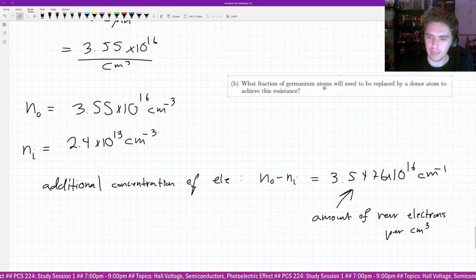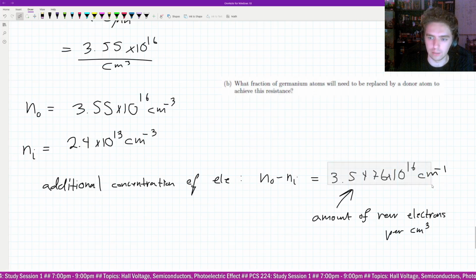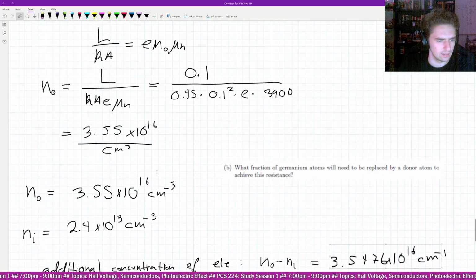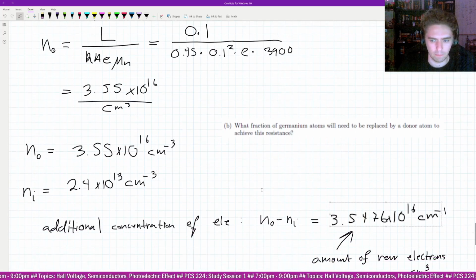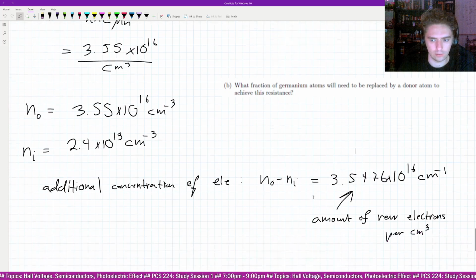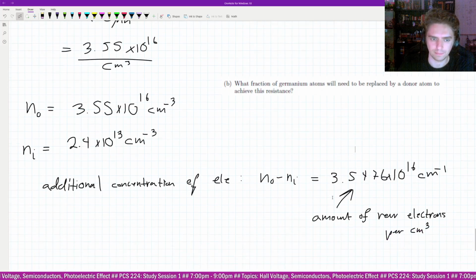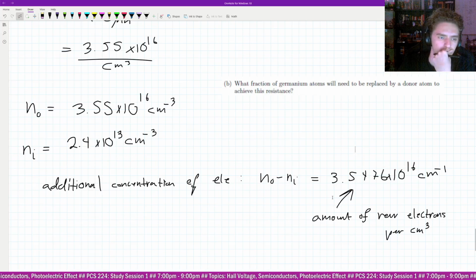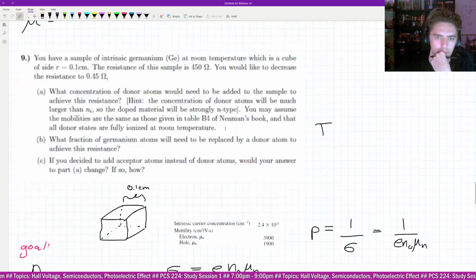The fraction of germanium atoms that will need to be replaced by a donor atom to achieve this resistance. Wait a second. Do we take the total amount of atoms per centimeter cubed and divide by that value? In germanium there are 4.42 times 10 to the 22 atoms per centimeter cubed.